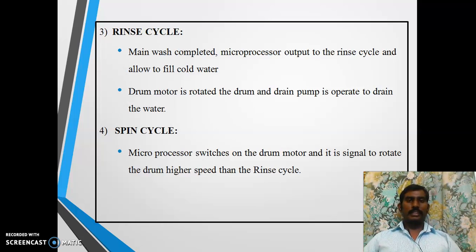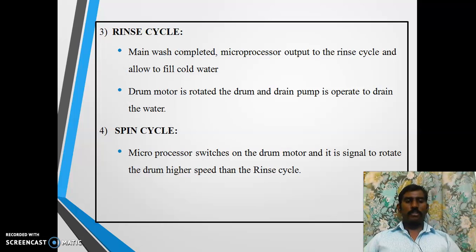Again the drum is rotated by the drum motor, and the drain pump is operated to drain the water from the previous cycle. After the rinsing is carried out, the cold water is also drained out with the help of the drain pump.